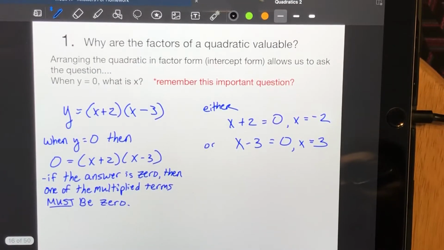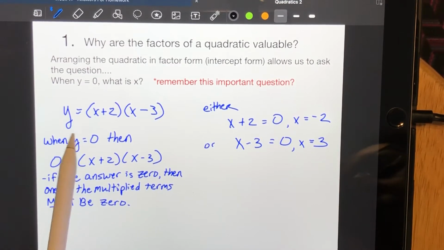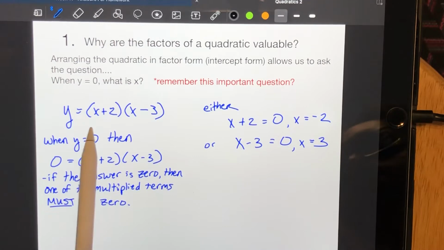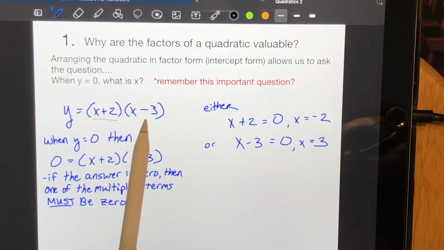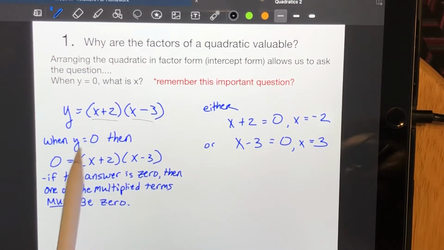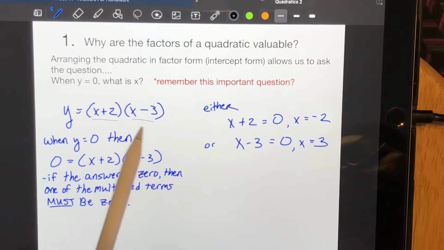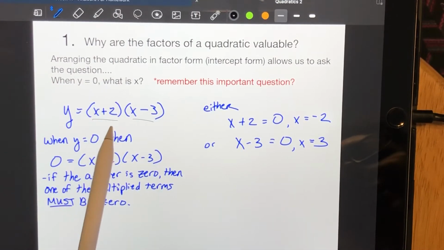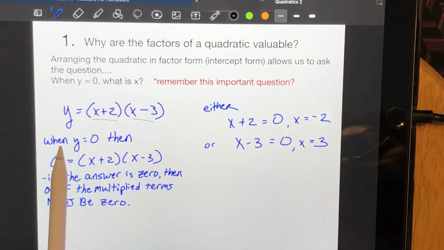So why are they valuable in the first place? Well, those factors that we found whenever we were factoring out a quadratic and getting into their 2 separate binomials, the factors are extremely important because they help us answer the question when y equals 0.